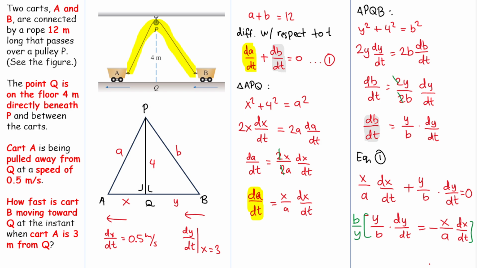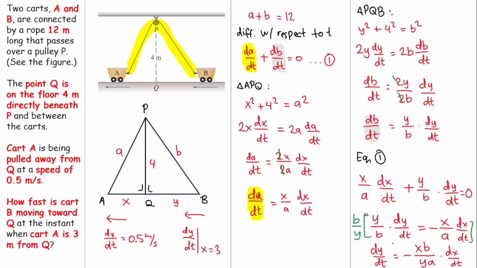So on the left hand side, we only have dy/dt, but on the right hand side, I will have minus x multiplied by b divided by y multiplied by a, and then multiplied by dx/dt. And this is the relationship that we are looking for.